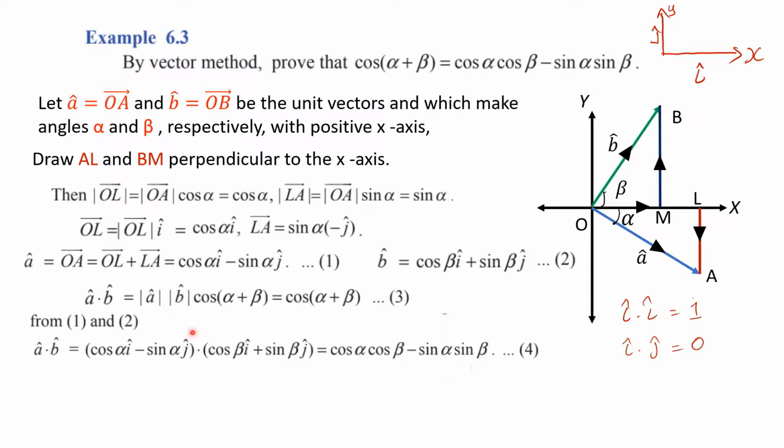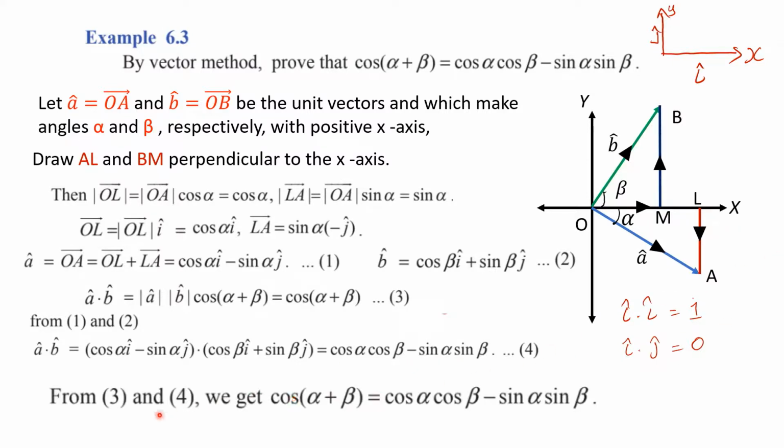So we can equate these two. They are the same, A cap dot B cap. So cos alpha plus beta is equal to cos alpha cos beta minus sine alpha sine beta. So we have now proved our trigonometric theorem using vector method.